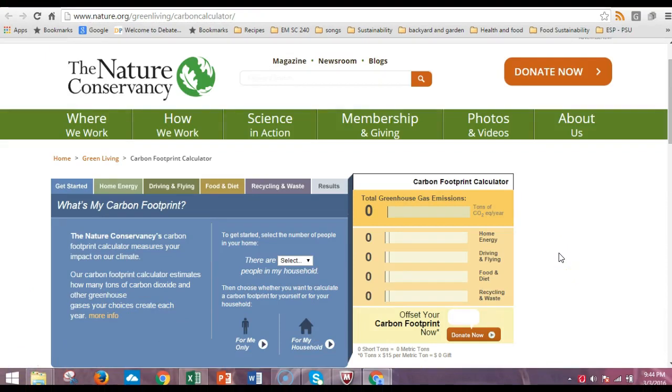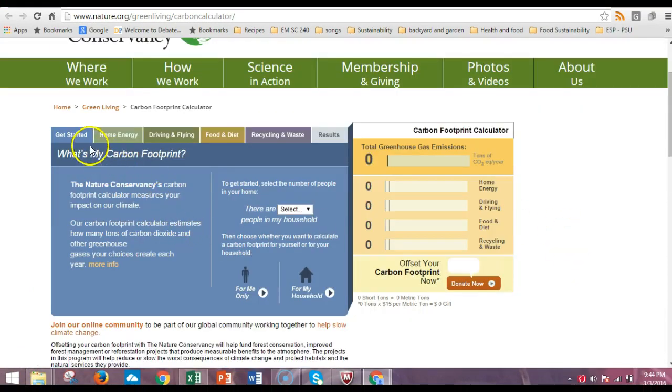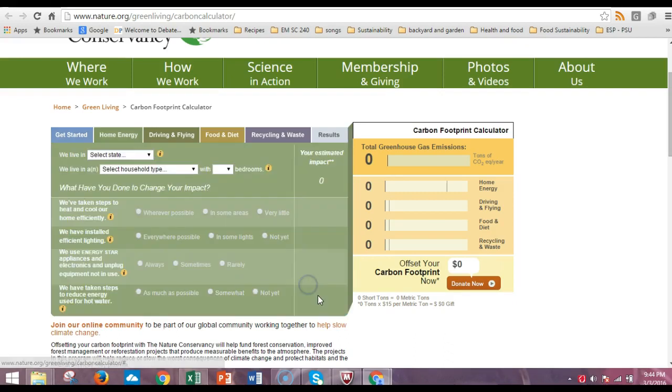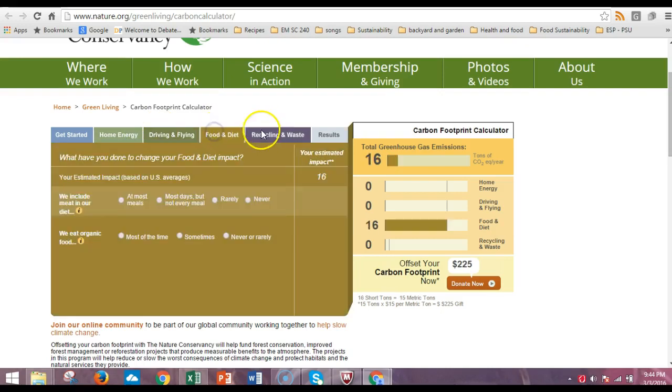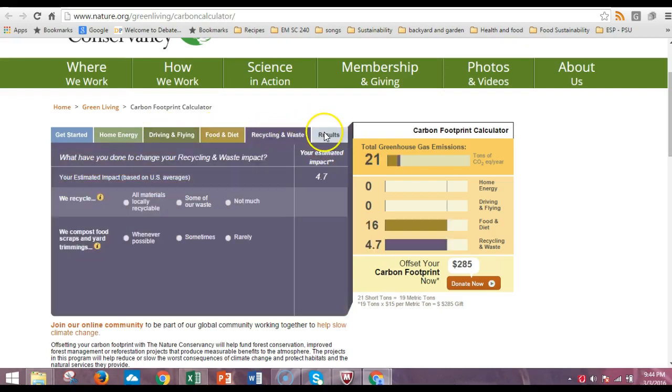Okay, so here we go. Here's the website, and you can see there are categories, there's get started, and I'd suggest you do this by your household. There are 4 people in my household, so we'll do this. Click on for my household. There are different tabs here that walk you through energy, driving, food, recycling, and waste, and then it gives you your results.